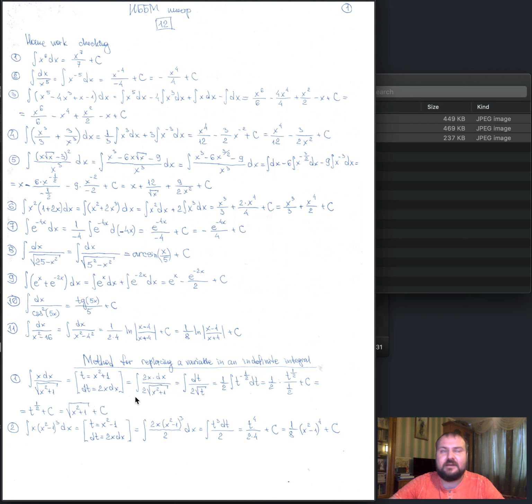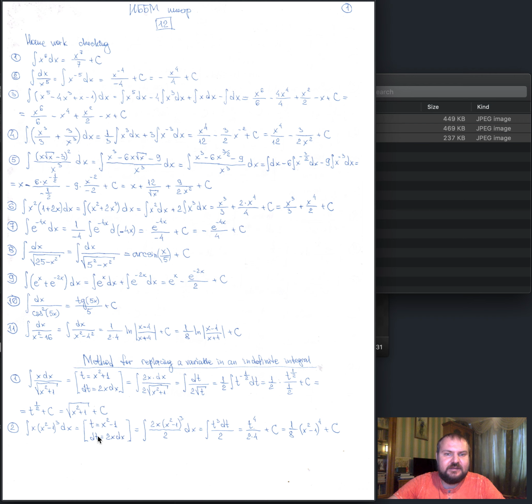The second example, integral of x multiplied by the bracket x squared minus 1 to the cubic power dx. We take a new variable t equal to x squared minus 1.